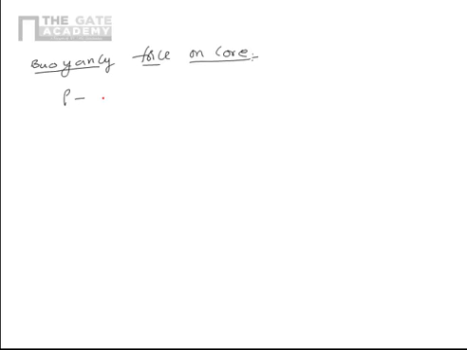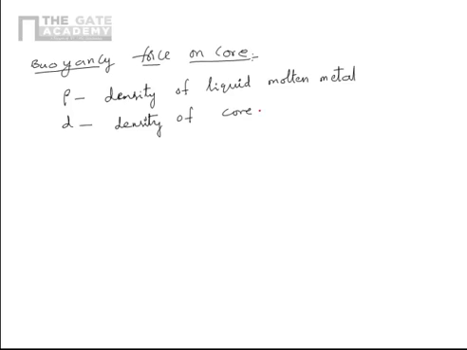Rho is the density of the liquid molten metal, and D is the density of the core material. So D has to be less than rho. Due to this, the core tries to float because of the buoyancy force.